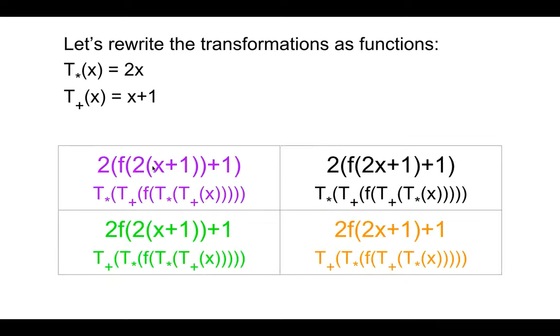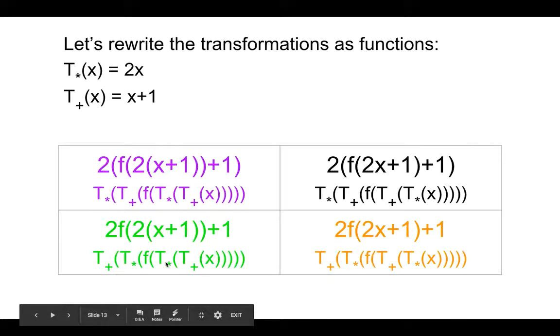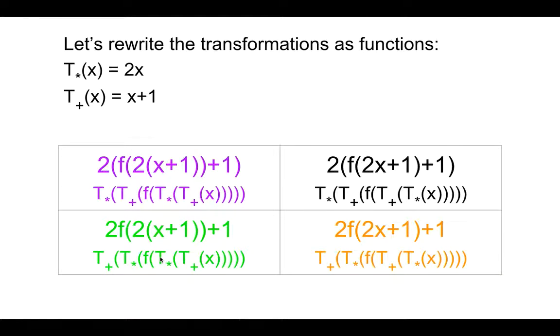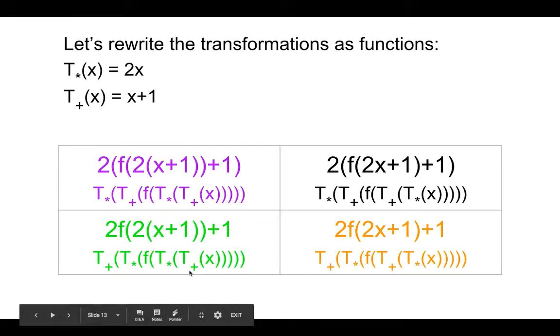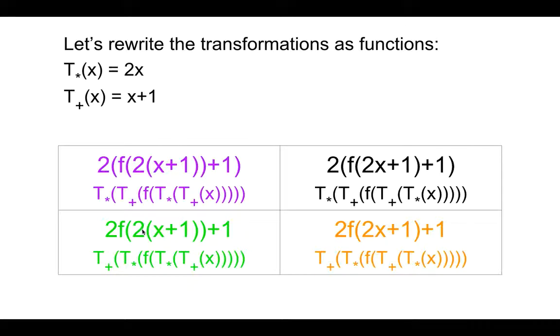Okay, and you can notice the difference here. If you look at these two, between the purple and the green function, notice the inside is the same. So that means in both of these cases, we have the star first, and then the plus. So that means we're compressing first, and then we're shifting. Okay.